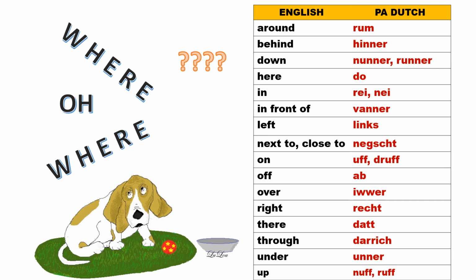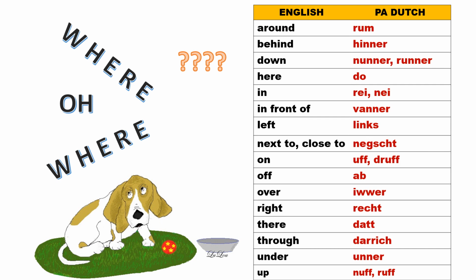Now back to our list. Right, recht. There, dot. Through, derrich. Under, unner. Up, nuf or ruf. So there you have it. These are the wheres.